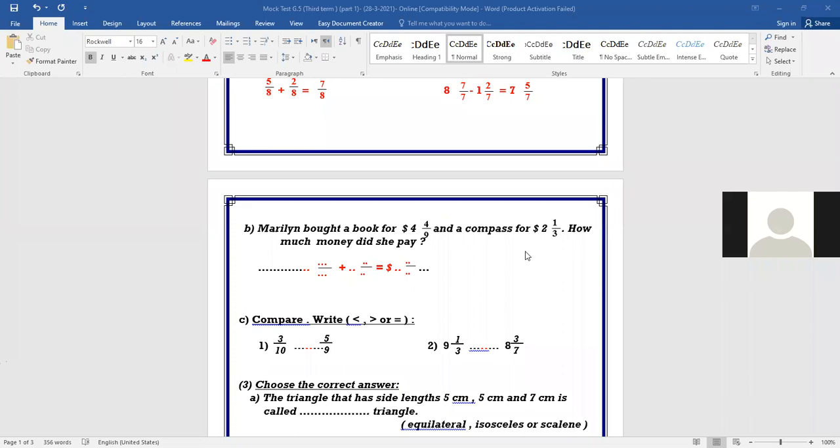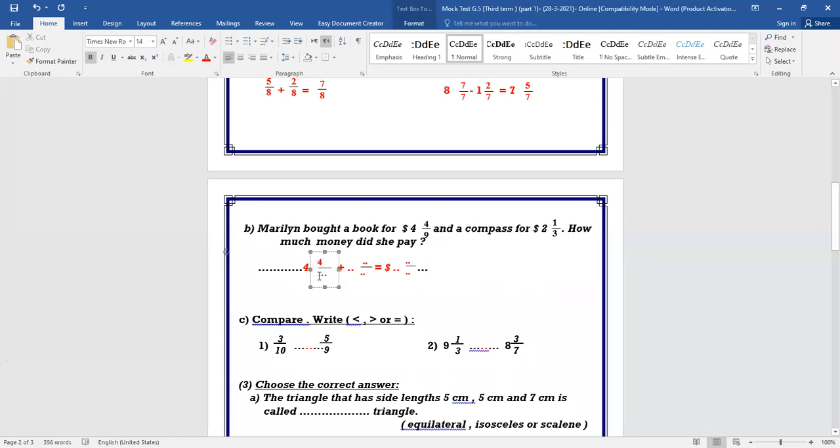To find the total money she paid, add 4 out of 9 plus 1 out of 3.